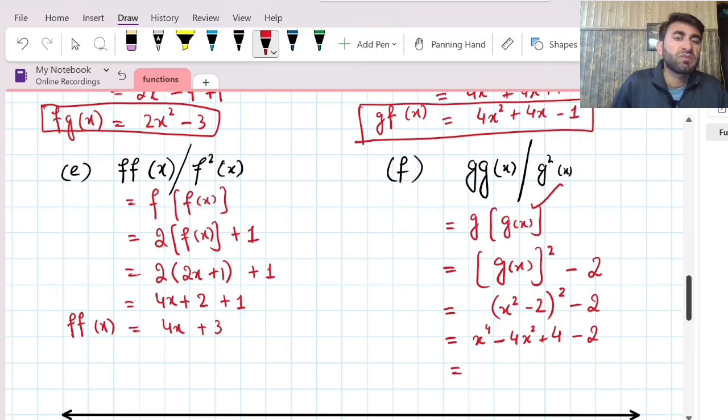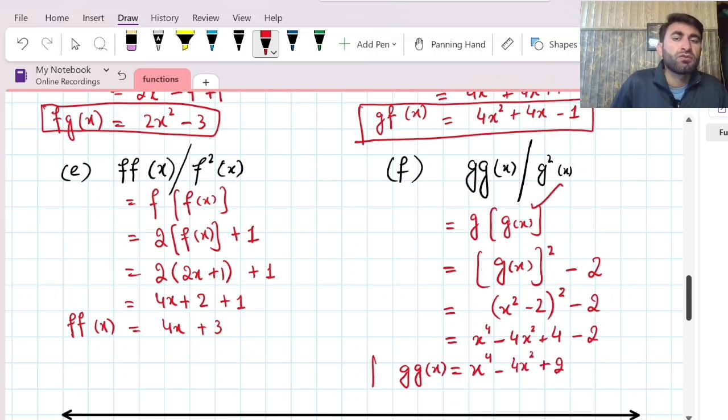We can just simplify it to get the final answer of the composition g∘g of x, or g square of x. It will become x to the power 4 minus 4x to the power 2 plus 2.